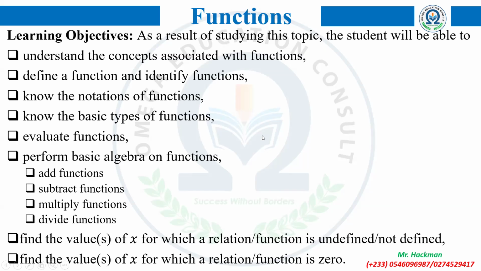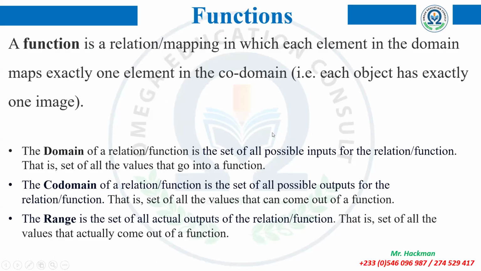All right. So quickly let's look at what a function is. A function is a relation or a mapping in which each element in the domain maps onto exactly one element in the codomain. So quickly, let me effect the change there.